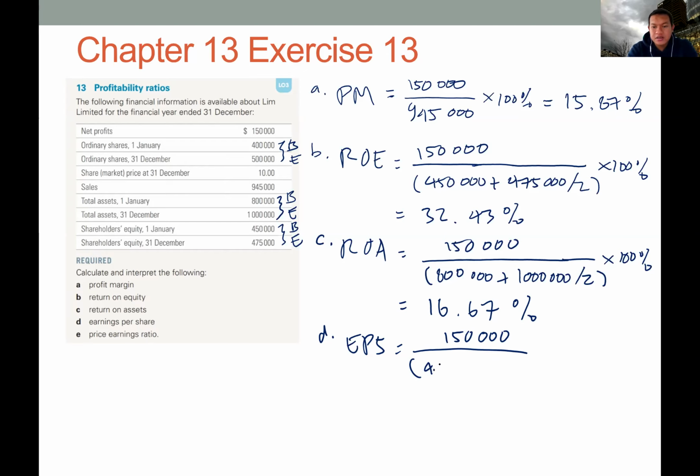So 400,000 plus 500,000 divided by 2. EPS is not a ratio, so you don't multiply this by 100%. So we'll get 0.33.